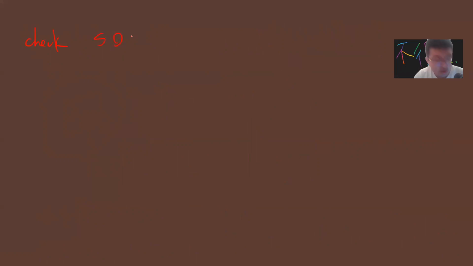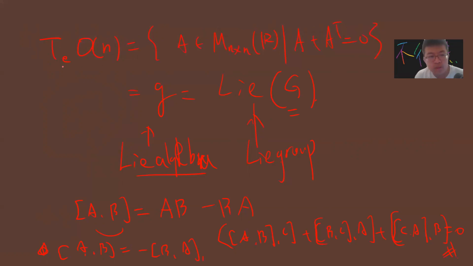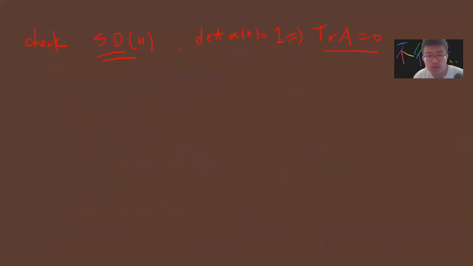You can easily check that if you do the same calculation as I did for the SO(n), you need to add the assumption that the determinant of alpha(t) is 1, and you will get trace A equals 0. So for the SO(n), everything's the same as the orthogonal group. The only difference is that you need to add another condition, that A is traceless.